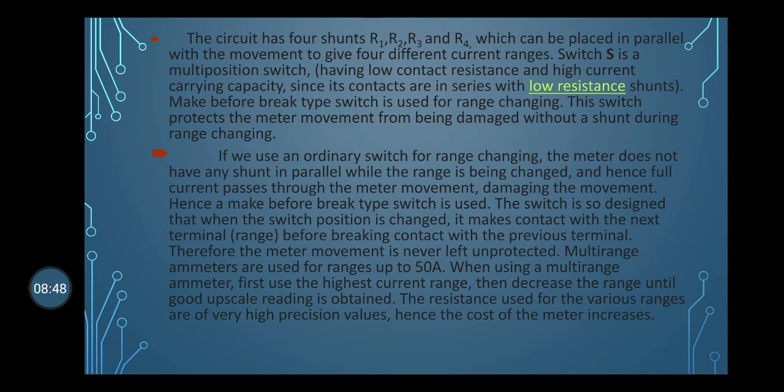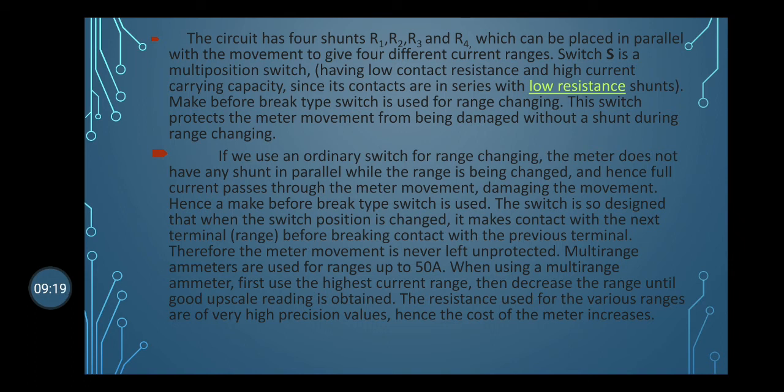As we know, the meter has a low resistance, and when a large amount of current flows through the DC ammeter, it may damage the ammeter. So we have to use the make before break type switch.